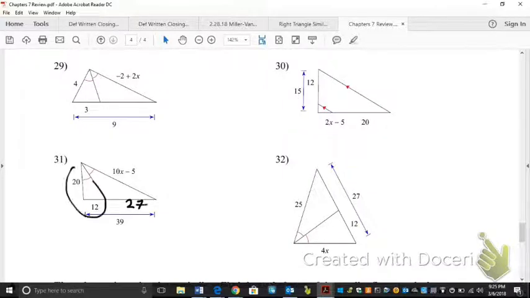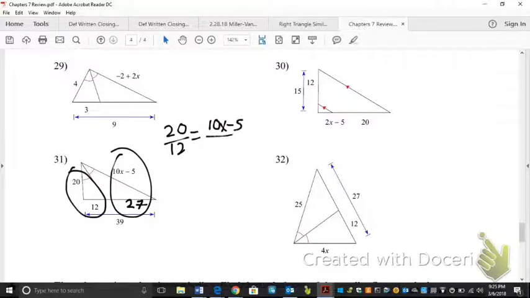So, same general idea on the next one. We get 20 over 12 equals 10x minus 5 over 27. Reduce 20 over 12, we get 5 over 3, factored out of 4, equals 10x minus 5 over 27.